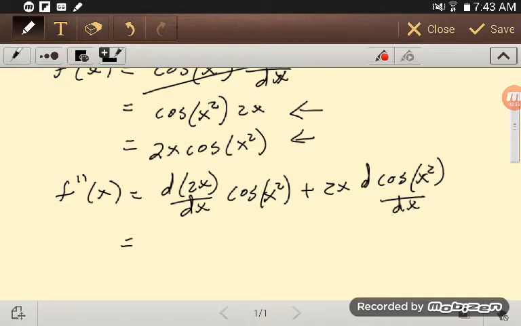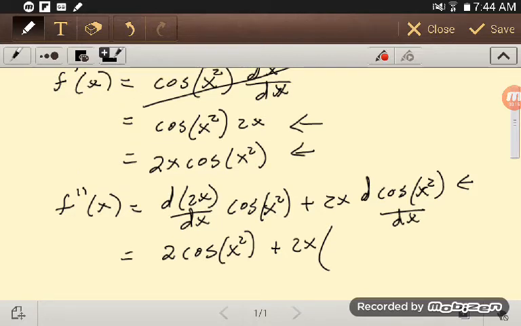Now, it would be okay if you shortcut this a little bit and wrote maybe 2 cosine x squared and then plus 2x times, and again here you could write this chain rule out with the d of x squared dx, or again, since you just did a chain rule very similar to it, if you wrote in this case minus 2x, whoops, not cosine, sine of x squared, like that, that would be great.